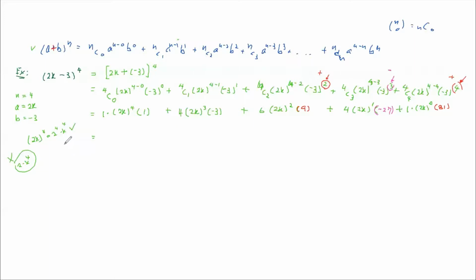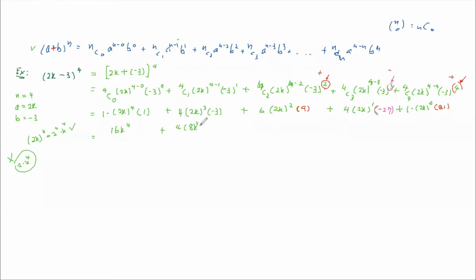So 2 power 4 is what? 16. So this one is going to be 16x power 4 plus, again, this one becomes 4 times 2 power 3, which is 8x power 3. I like step by step first, okay? To make sure you really get my point, okay?